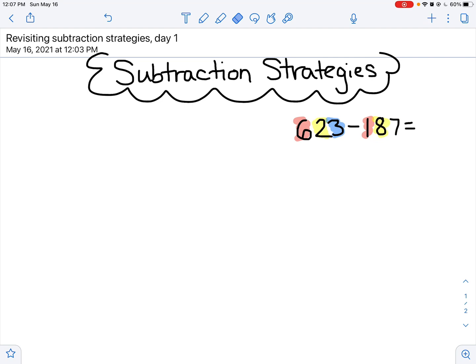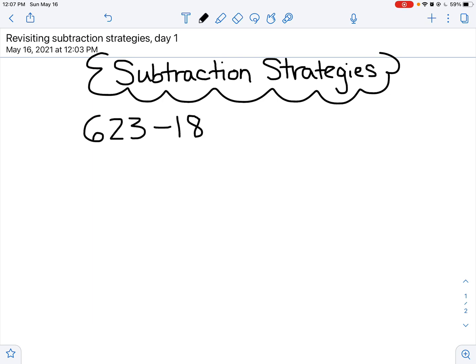So I'm going to just get rid of my highlighting if I can. That was an 8 and a 1. It was 623. I'm just going to rewrite it. You know what? 623 minus 187. So lots of ways to go about solving this, again, just like your addition.